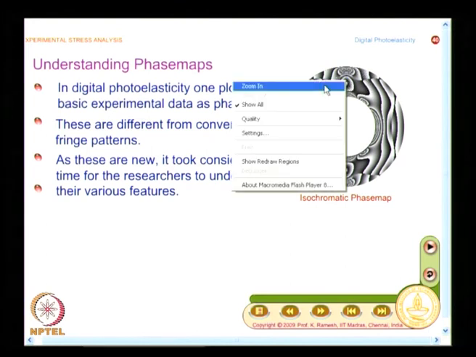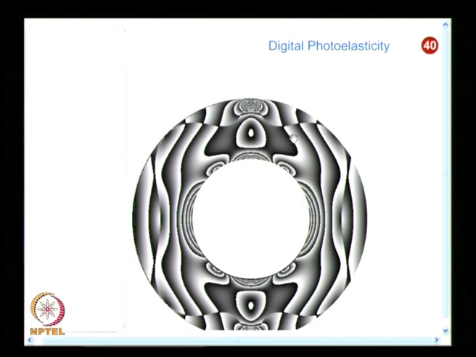I have intensity variation in one fashion here, and in another fashion here, and this was a burning problem in digital photoelasticity. This change comes because the fractional fringe order sign changes, and this is also related to whether I find the sigma 1 direction uniquely on the domain, or have the sigma 2 direction in some portions and the sigma 1 direction in some portions.